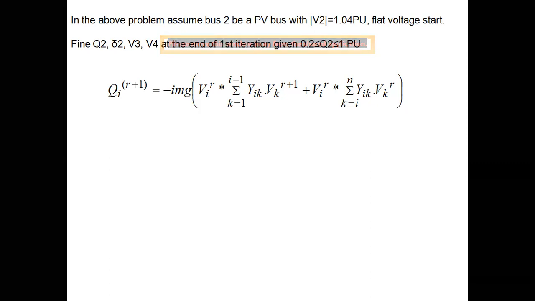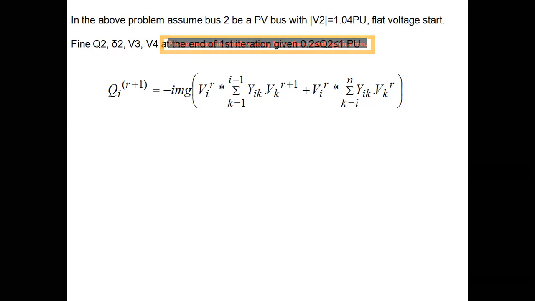Find Q2, delta 2, V3, V4 at the end of the first Gauss iteration. The reactive power limits are already mentioned in the problem itself: 0.2 less than or equal to Q2 less than or equal to 1 per unit. So this is the given problem.